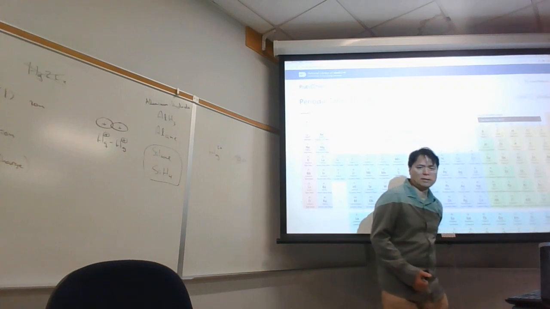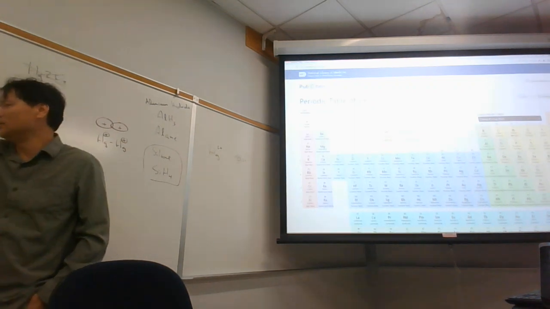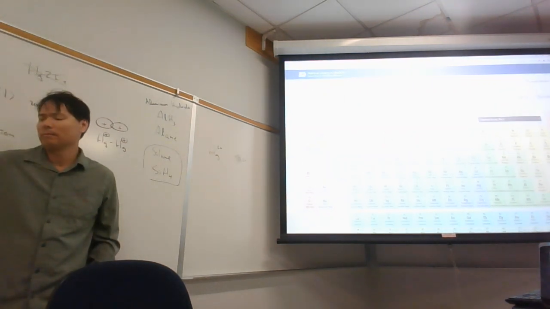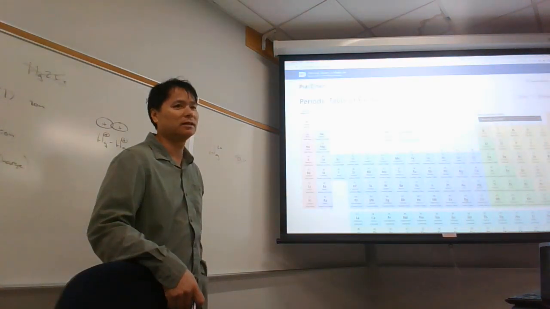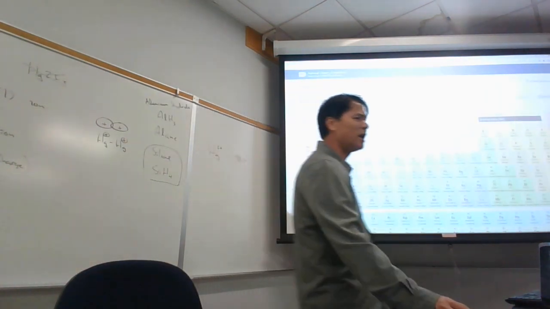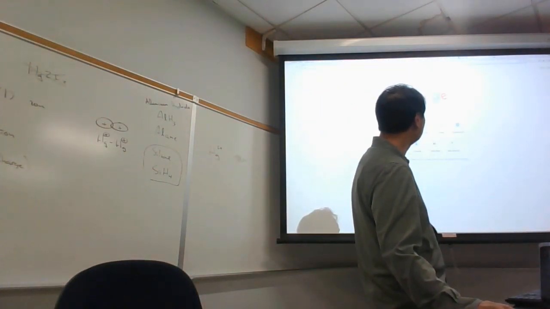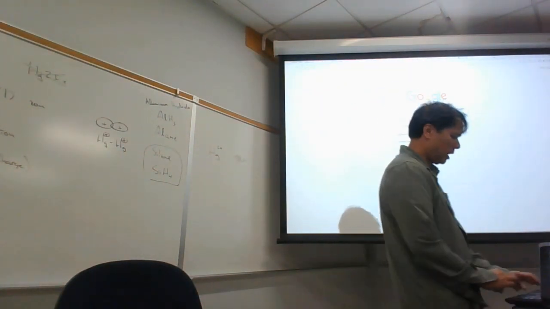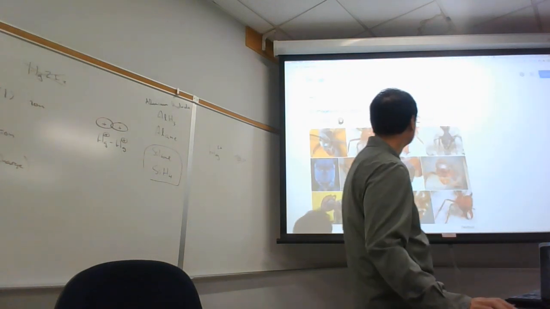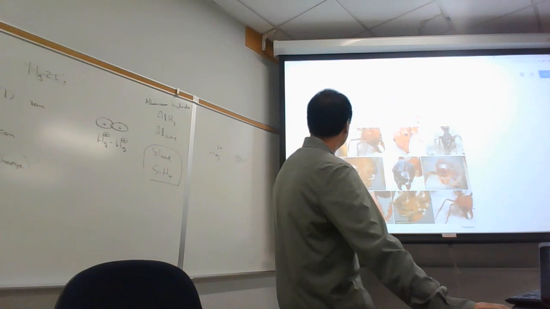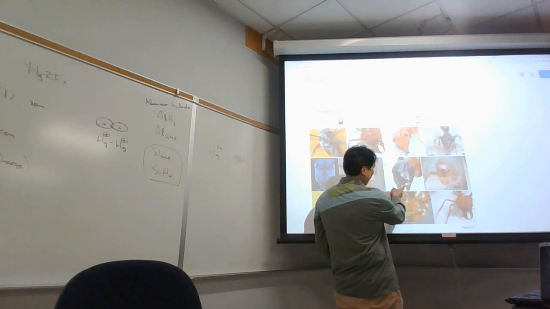Zinc, I saw some news about zinc recently. Do you know where they find zinc atoms? Not ions, zinc atoms. Or maybe they are ions. I don't know if it's ions or atoms. It turns out that ants' jaws have zinc atoms or ions.